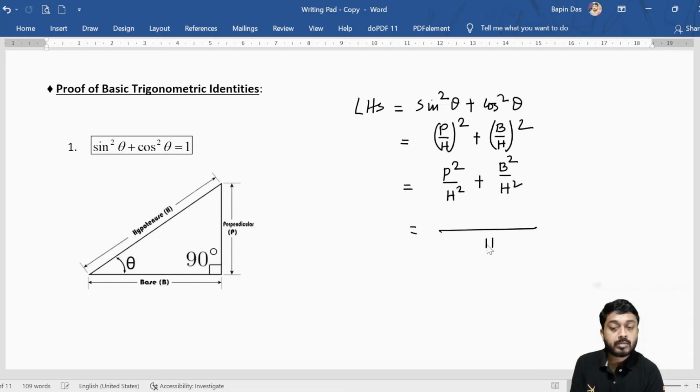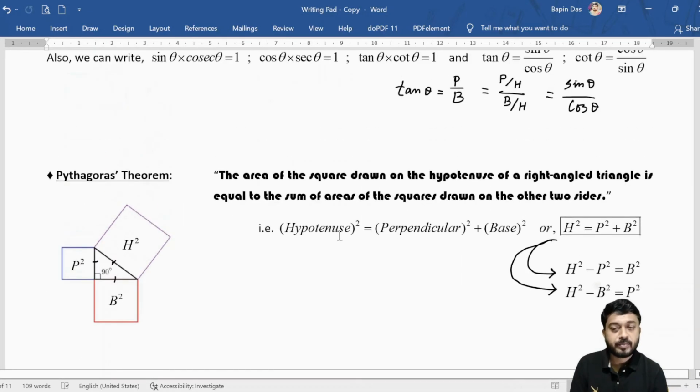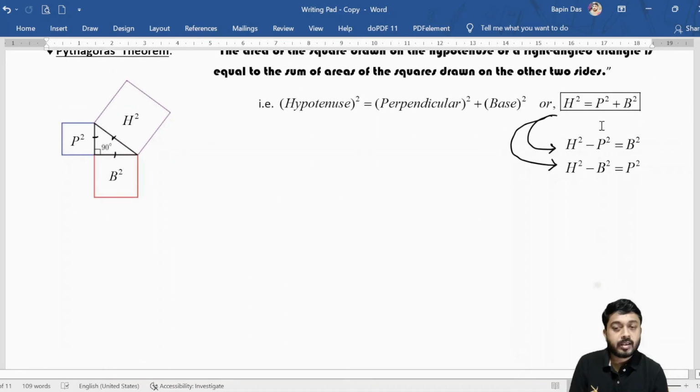h square comes in the LCM and in the numerator is remaining p square plus b square, right? What is p square plus b square? As per Pythagoras theorem, what was this? h square. Friend, tell me, h square. See, I'm showing you again: p square plus b square is equal to h square. Am I right? That's what Pythagoras theorem says.